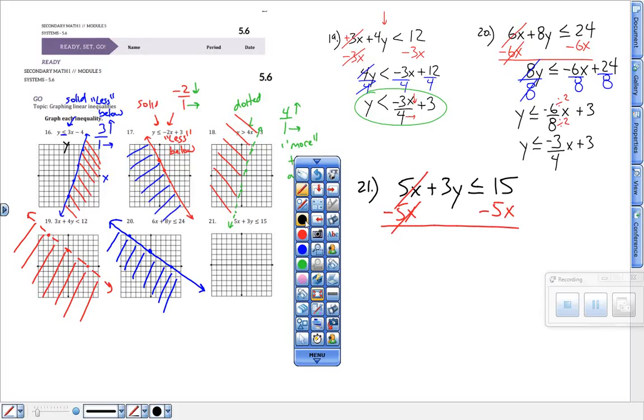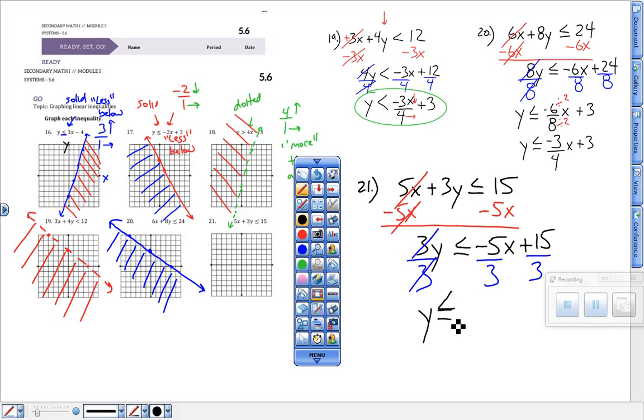Bring that 3y down. Negative 5x plus 15. Divide everything by 3. That y by itself. That slope is good to go. Negative 5/3. I could graph that.